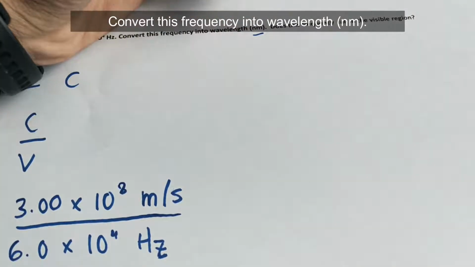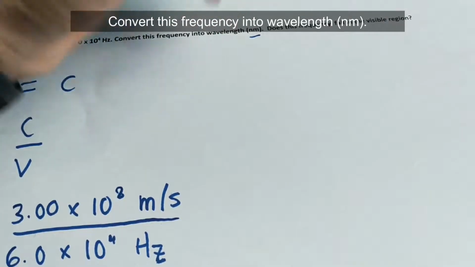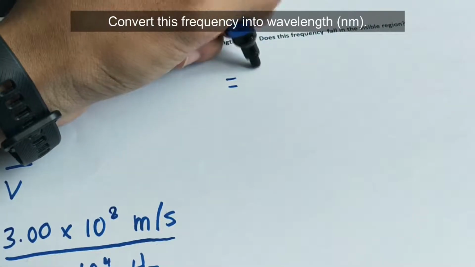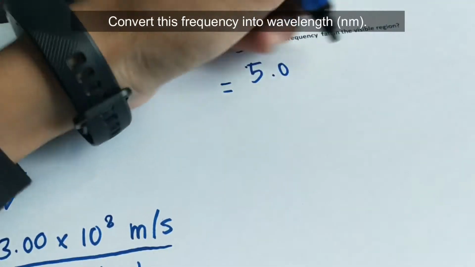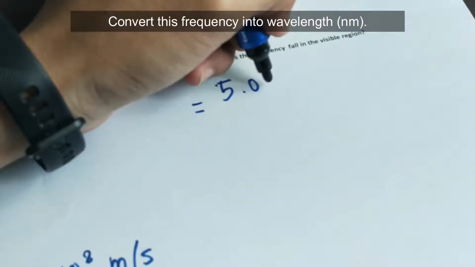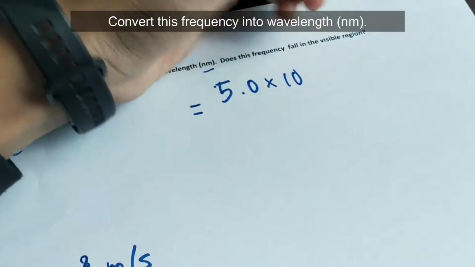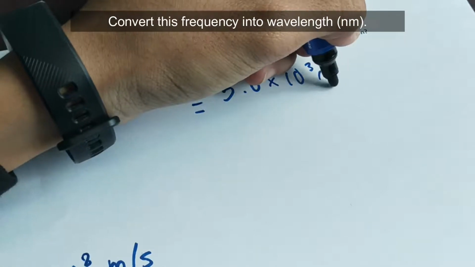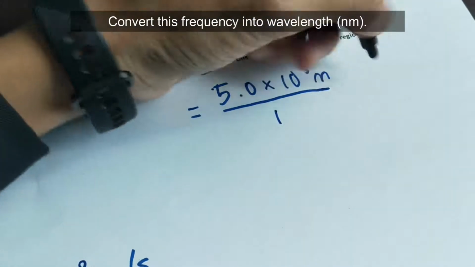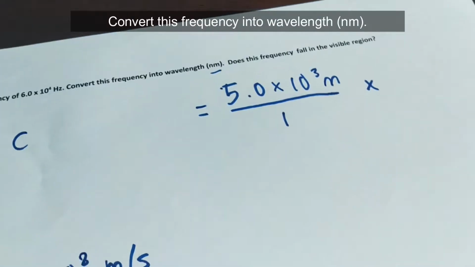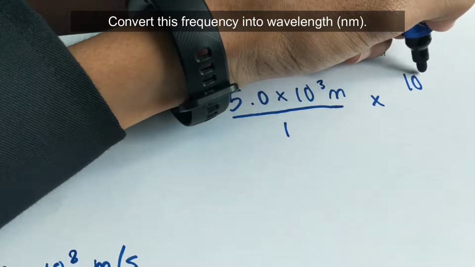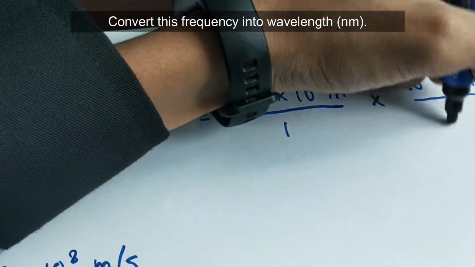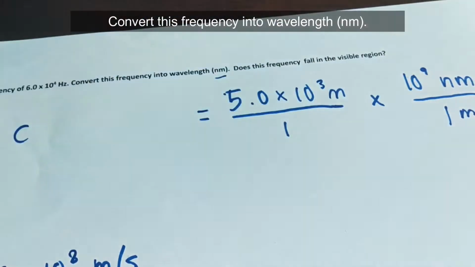Now we need to convert it to nanometers. 5 times 10 to the power of 3 over 1, times 10 to the power of 9 nanometers over 1 meter.